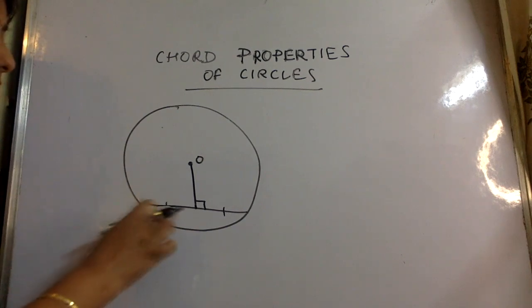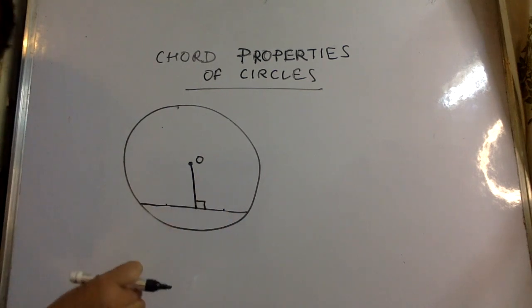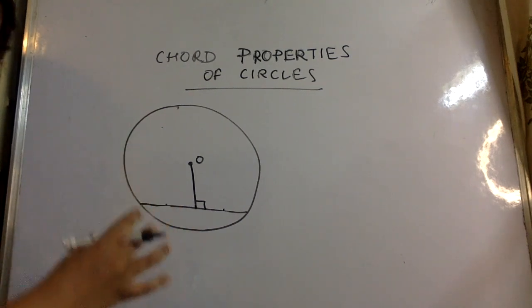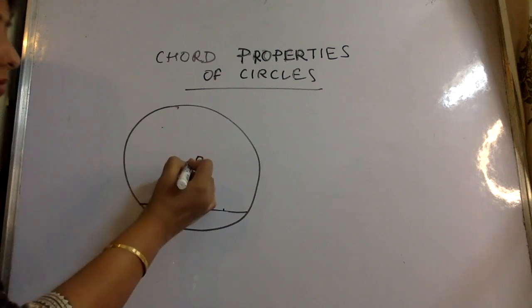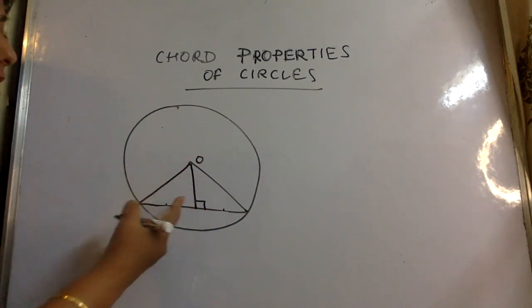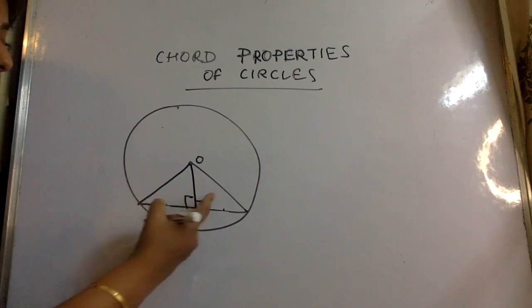Now we can even prove it. Why should we just believe what they are saying? Let us prove it. So how do we prove it? Suppose we join the radii, this is the radius, and here I get two right angled triangles.